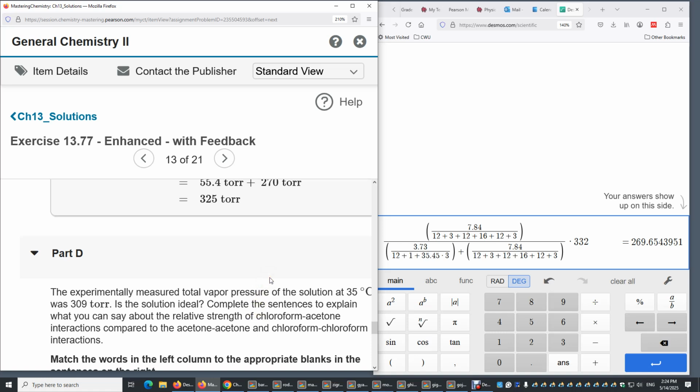This significant attraction stabilizes both acetone and chloroform in the liquid phase. That makes the vaporization more difficult and the actual vapor pressure lower than the ideal value.